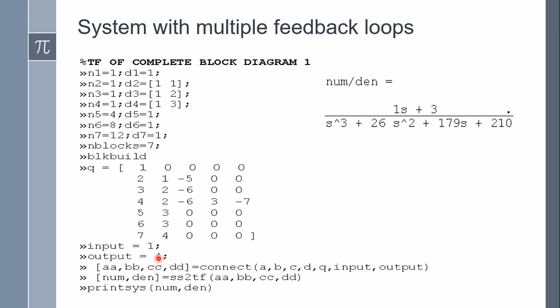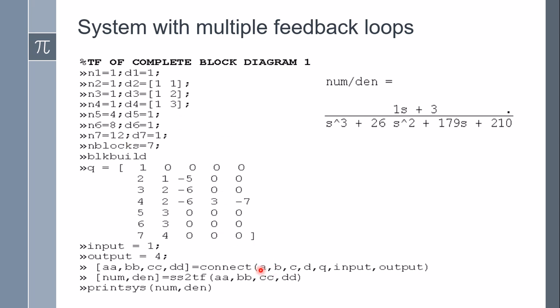Then I need to interconnect all the systems. For that I need to use the connect command. Once I use the connect command, blockbuild considers all the systems in the state space form, ABCD format.